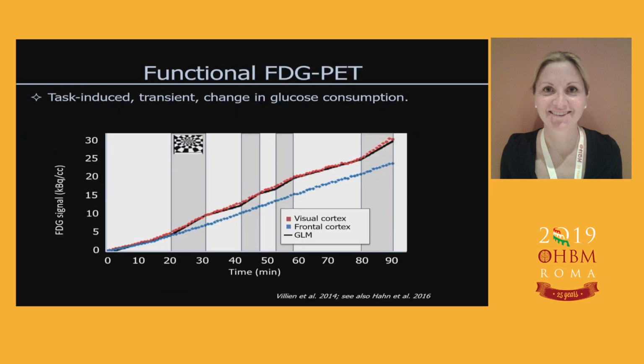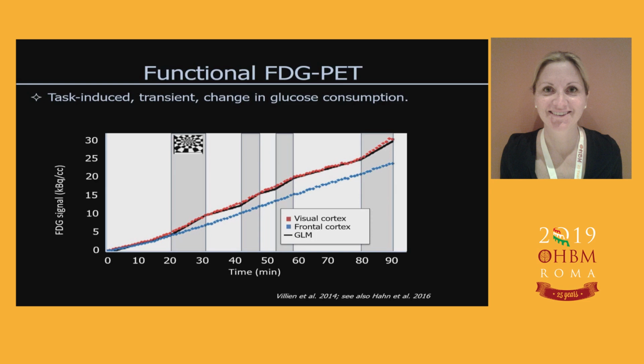We use a novel imaging approach called functional FDG PET that was pioneered by Villien et al. at the Martinos Center to measure task-induced transient change in glucose consumption. So here is the image from their paper, where they showed that when you infuse FDG, instead of giving a bolus at the beginning, you slowly infuse FDG constantly throughout the scan.